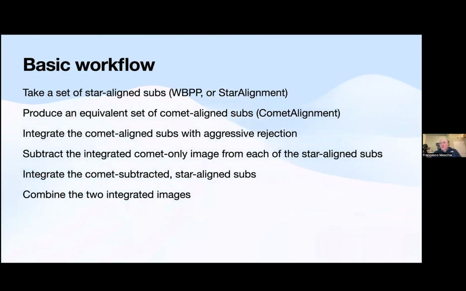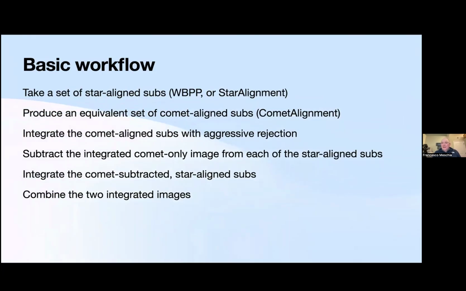Then you use a different tool in PixInsight, not StarAlignment but CometAlignment, to produce from these an equivalent set of subs that are comet aligned. But of course, they are comet aligned, but they have stars. And so you're going to have to integrate these comet-aligned subs using a very aggressive pixel statistical rejection so that the stars are eliminated by the rejection process.